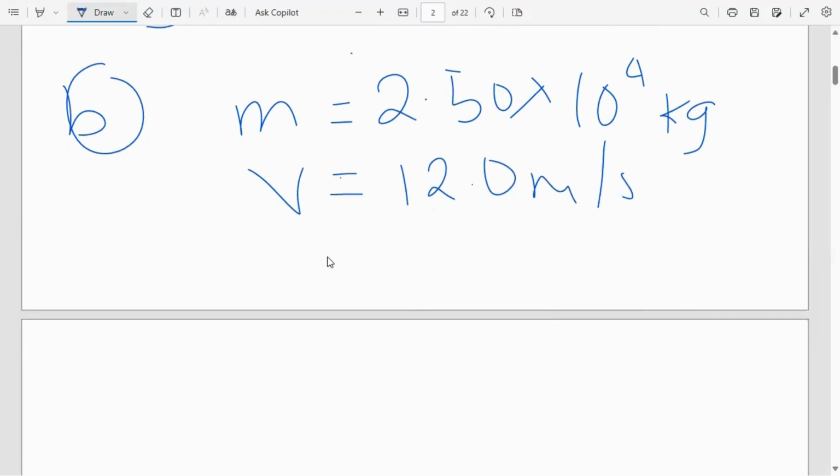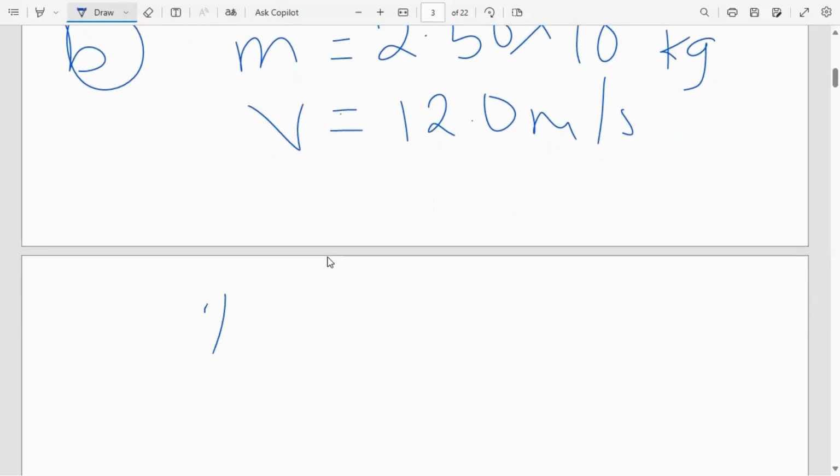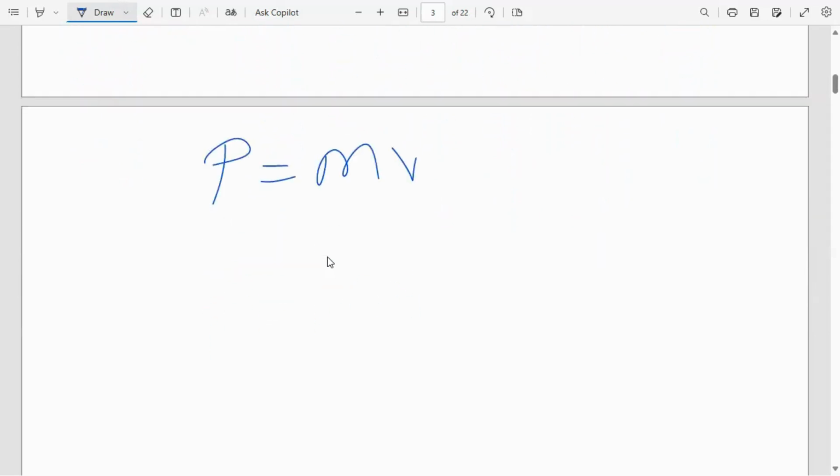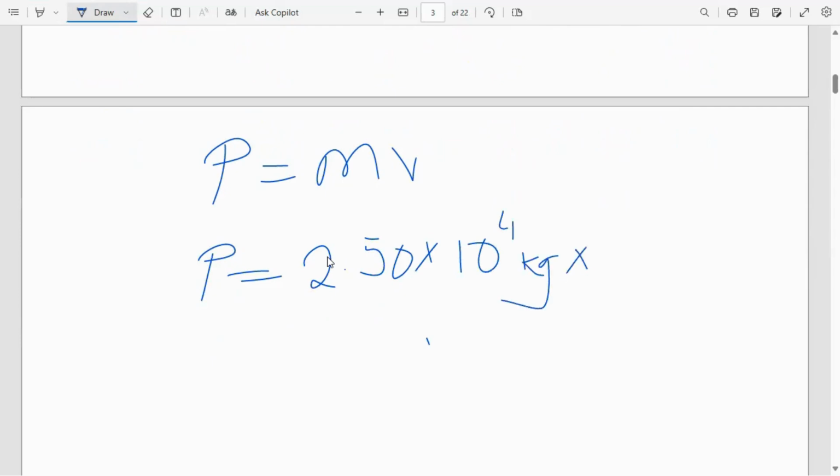So how are we going to find the momentum? We know momentum is equal to mass multiplied by velocity. If we plug in what we've been given into that formula, we get momentum is equal to the mass, 2.50 times 10 to the power 4 kilograms, multiplied by the velocity, which is 12.0 meters per second.